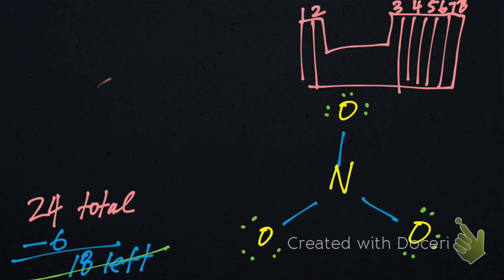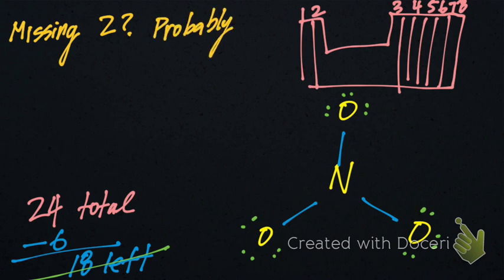Now, when you're unhappy, this is the thing I follow. Missing 2. How many are we missing? We need 2 here, right? If we had 2, everyone's happy, right? If we had 2 more. So missing 2, then probably you have 1 double bond.